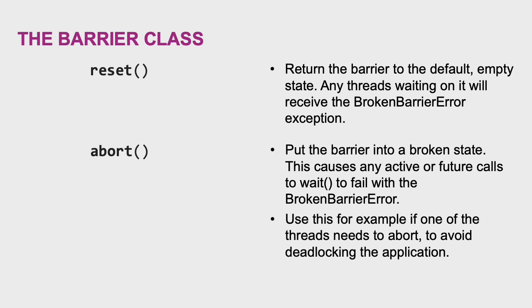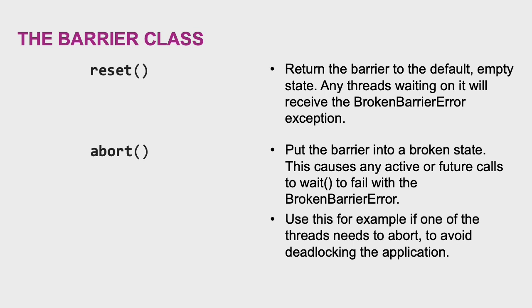In particular, we have the reset and abort methods. Let's start by analyzing reset. Basically, the reset method returns the barrier to its default empty state, and any thread that is waiting on the barrier receives a broken barrier error exception, and you have to deal with this exception.